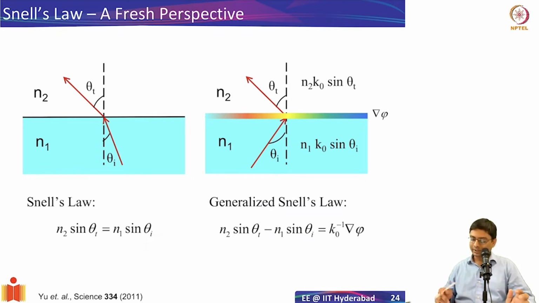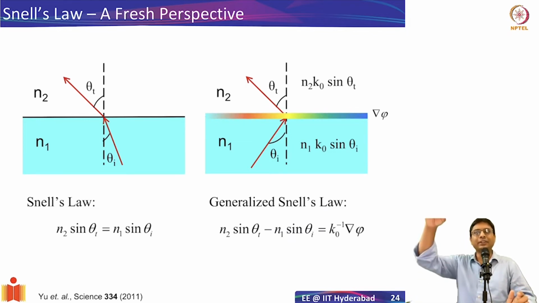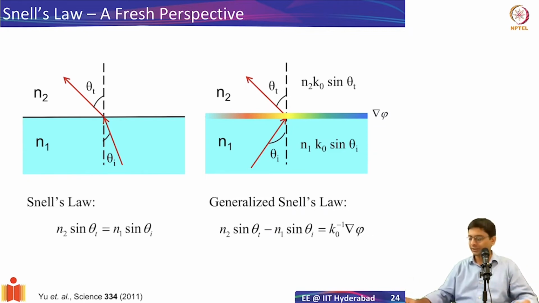Now, in addition to this classic case, what if there's a phase gradient at the interface? Like what we have shown in the previous slide. I'll create a phase gradient, and there is some gradient of phase divided by a gradient, right? So d phi by dx. I'm introducing these antennas which will create this phase, and then there is a periodicity associated with this d phi by dx.